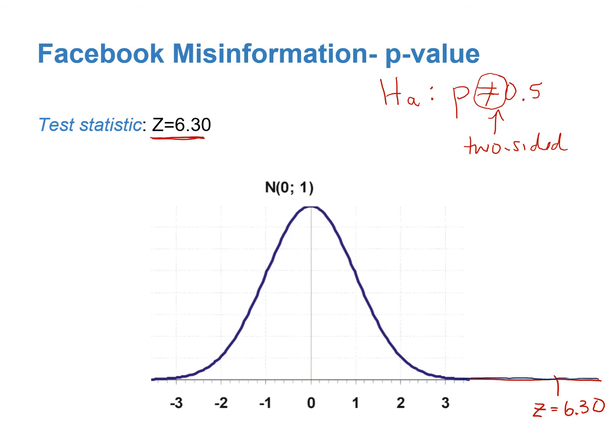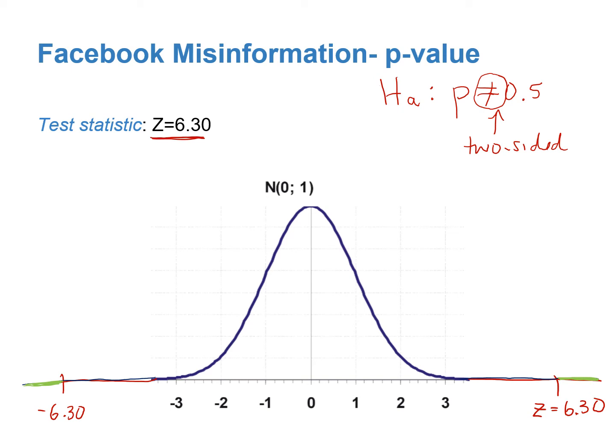There will be some tiny area out here under this curve beyond my test statistic. And likewise, if I come out this way, below negative 6.30, there'll also be a very tiny area out here. Those two areas together are going to be my p-value.